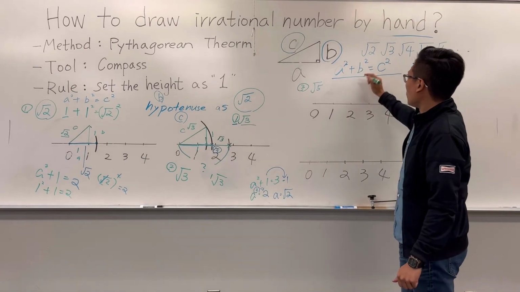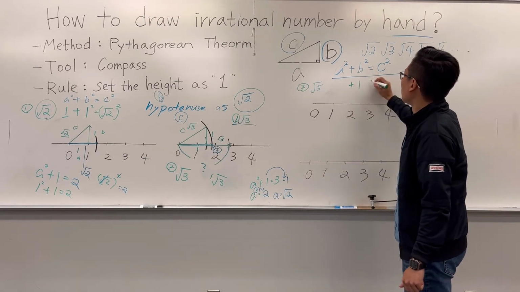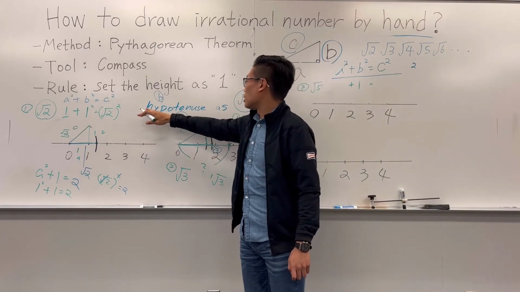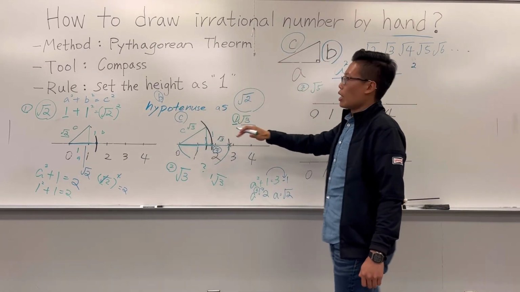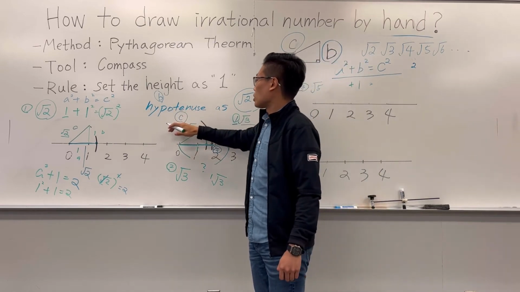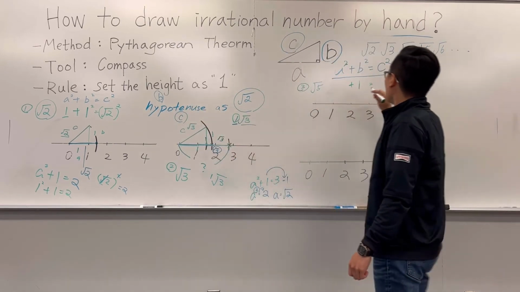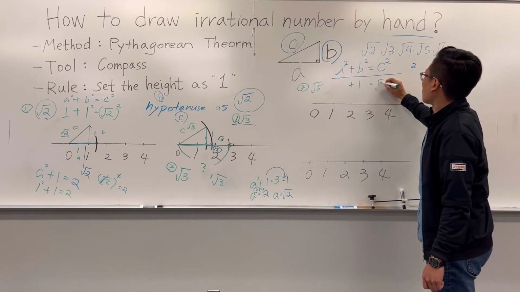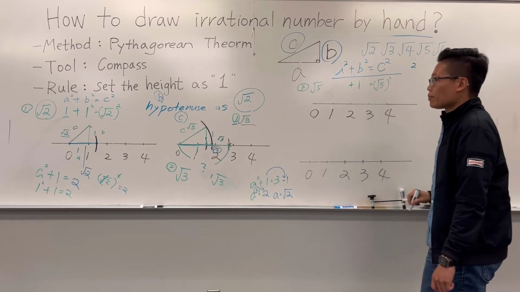Then put the number that you are going to draw as the hypotenuse, which is c. That's the square root of 5, squared.